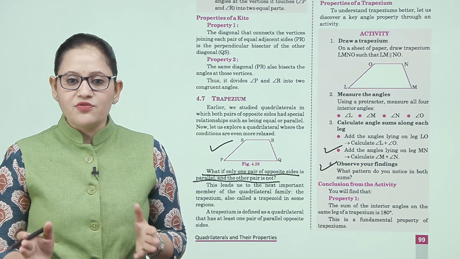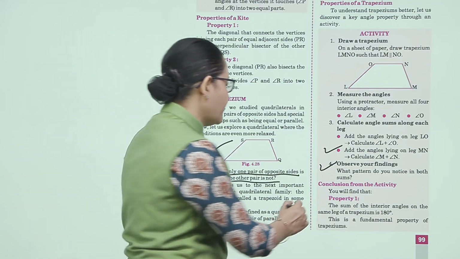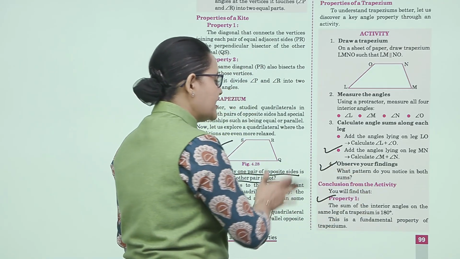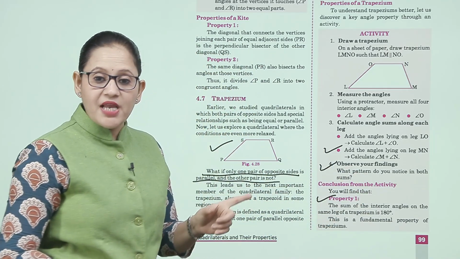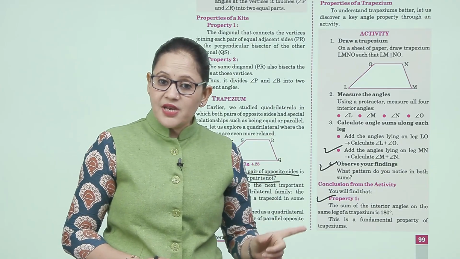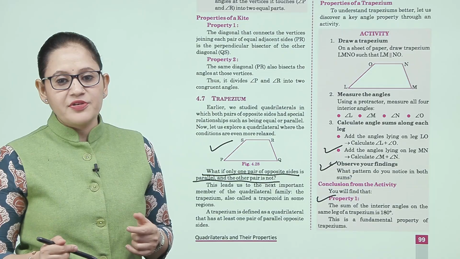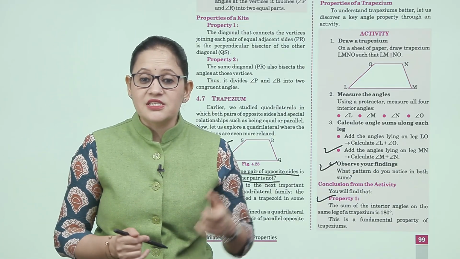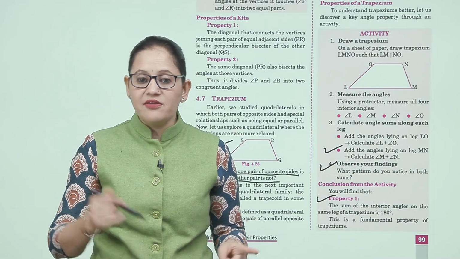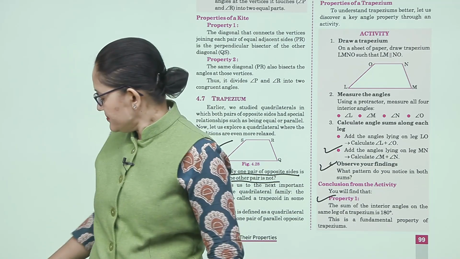Conclusion of the activity: you will find property 1, the sum of the interior angles on the same leg of a trapezium is 180 degrees. This is a fundamental property of the trapezium: in a trapezium the sum of interior angles on the same leg will be equal to 180 degrees.